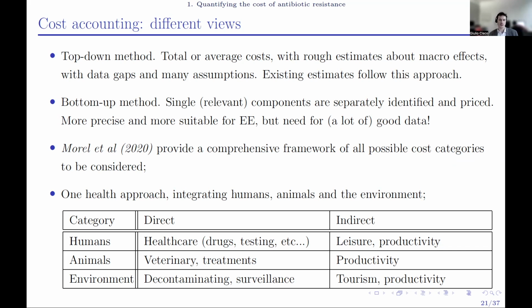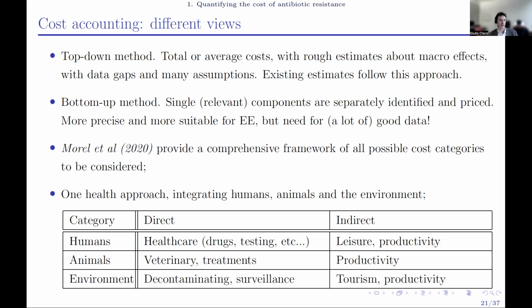But also, of course, it's not only about money, but it's also about the activities that they lost in their own life. So it's also about the cost of the loss of leisure that you have when you're sick. And it's quite important because we don't want to be sick, because we don't want to have also this pain problem and so on. So these are basically the main differences between the direct and indirect costs.